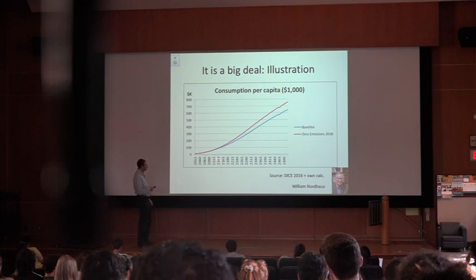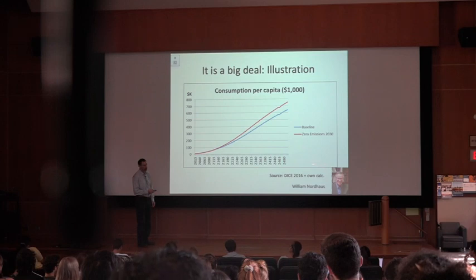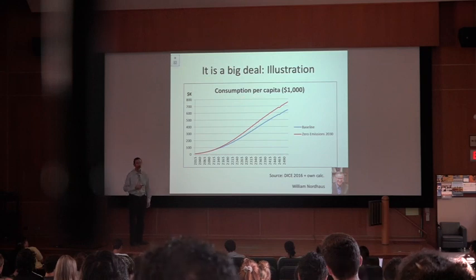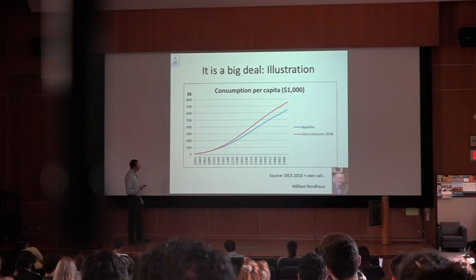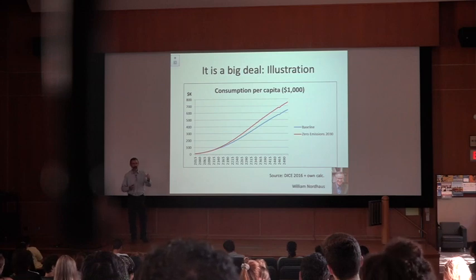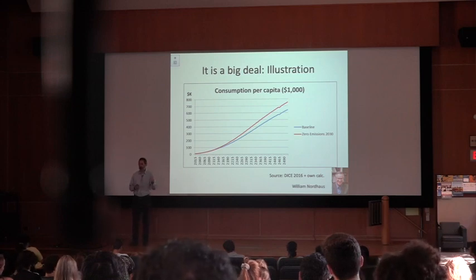Over 5 centuries, to 2500, we have the consumption per capita in $1,000, at the world level. The red curve is what we would get if we had a very aggressive policy that reached 0 emissions in 2030. Okay, very aggressive policy.